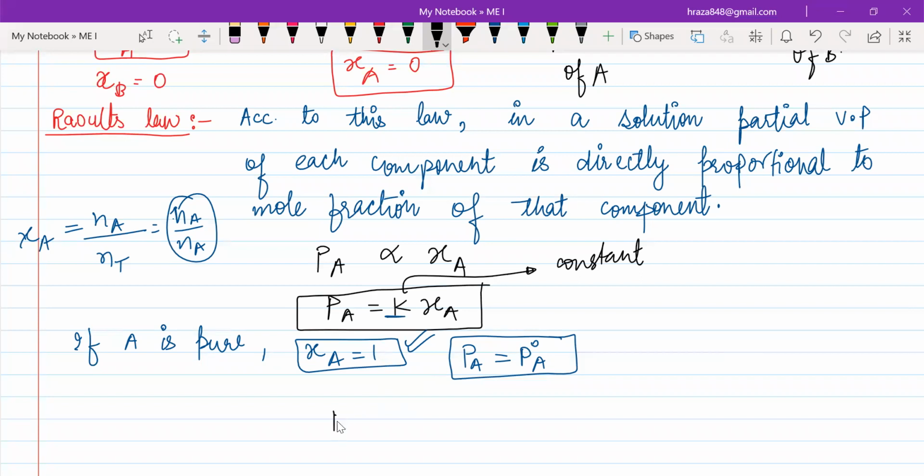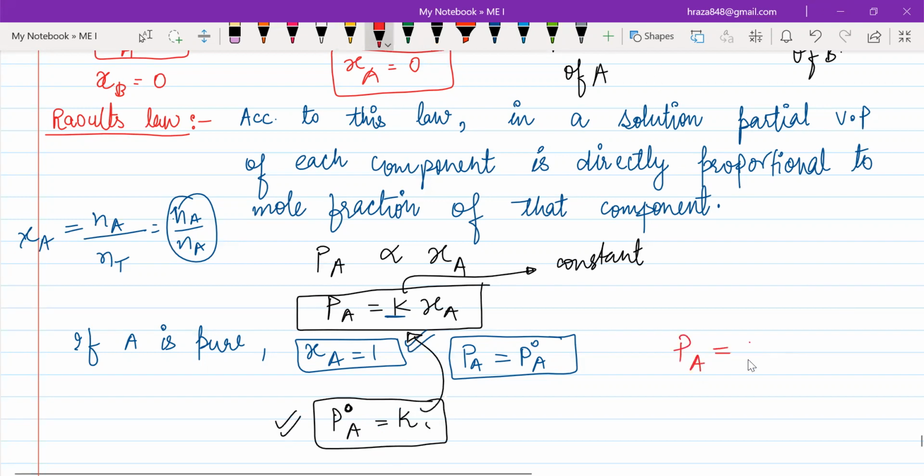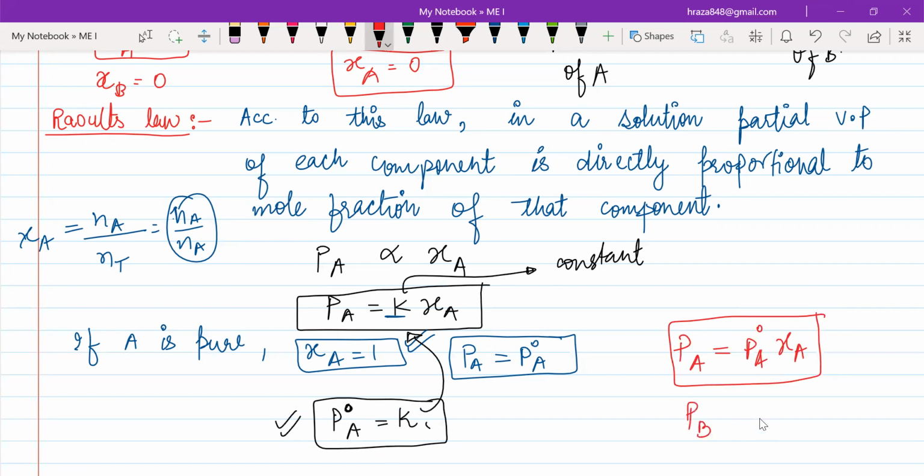So I am going to put the value of mole fraction chi A equals 1. So PA will be equal to K, and you know that when it is pure, the pressure is denoted by P naught A. So this is the value of K. So we got a formula: partial pressure of A will be equal to pure pressure of A into mole fraction of A. In the same way, partial pressure of B will be equal to pure pressure of B into mole fraction of B. So this is what Raoult's law says, that the partial pressure of each component will be directly proportional to the mole fraction of that component.